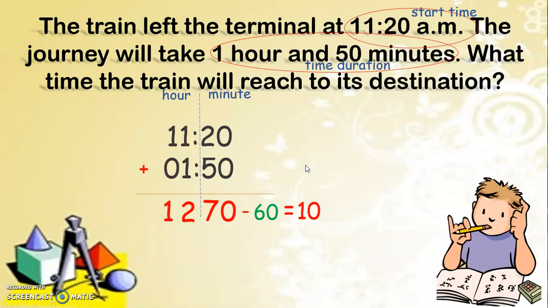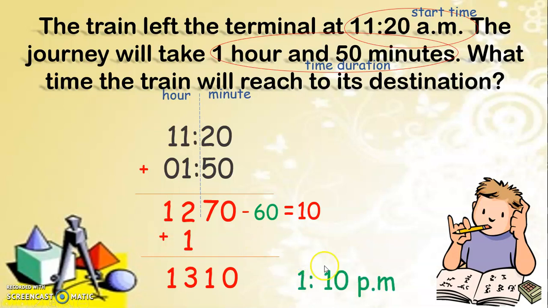So we will have 10 minutes. And then convert this 60 minutes into 1 hour. So add 1 hour. Now let us put the minutes here first. Then let us add 2 plus 1 is 3 and then 1. So the time the train will reach its destination is 13:10. Then let us convert it into 12-hour format, which is 1:10 p.m.